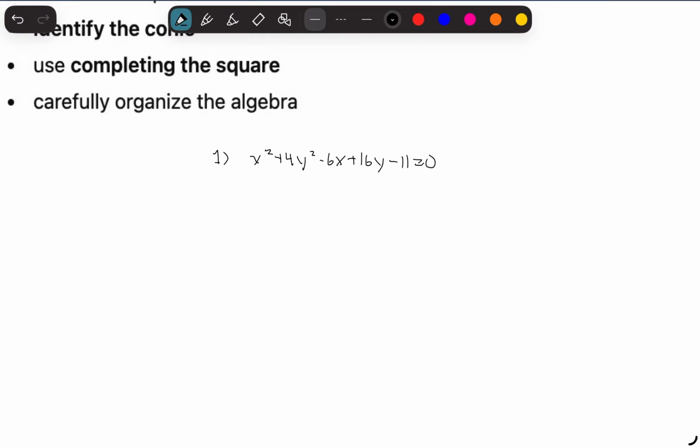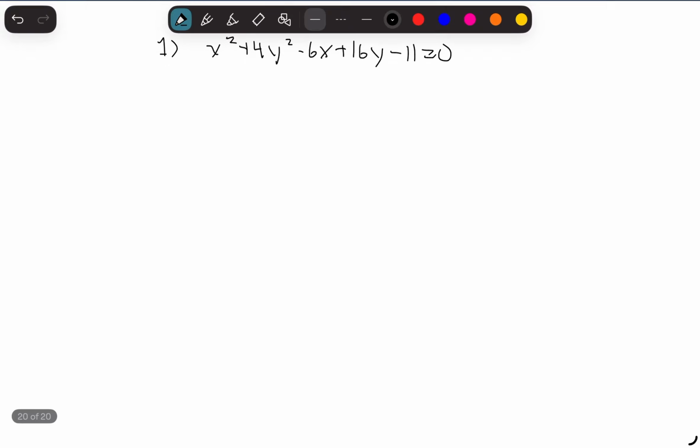So the first step you're going to do is group your x and your y terms. And we're going to move the constants to the other side.